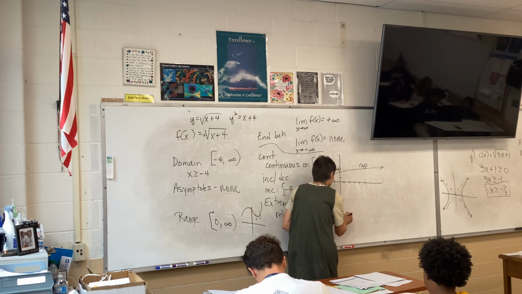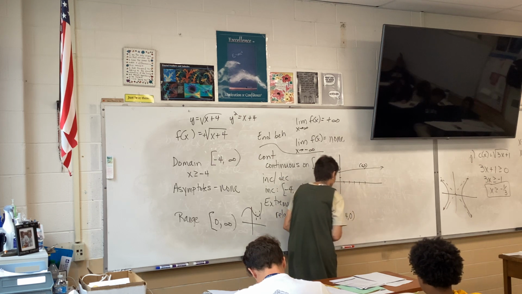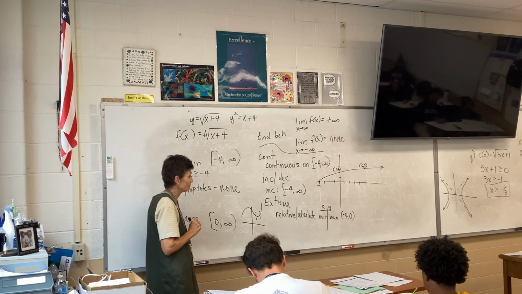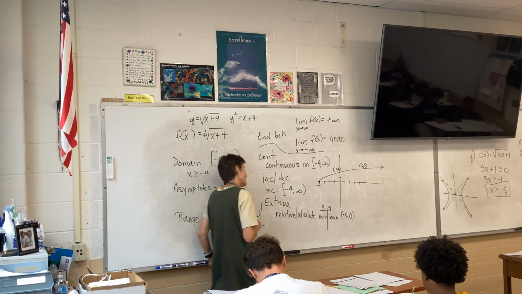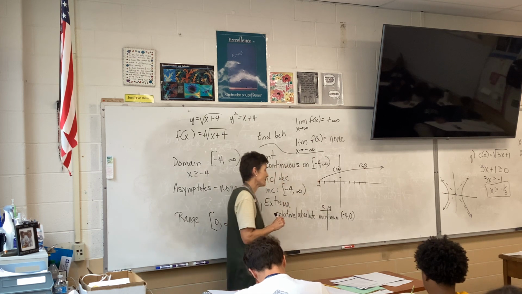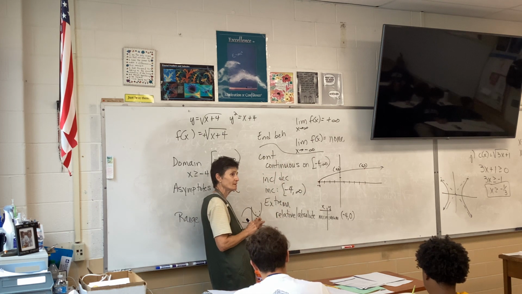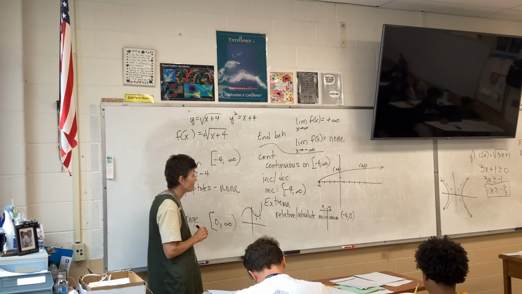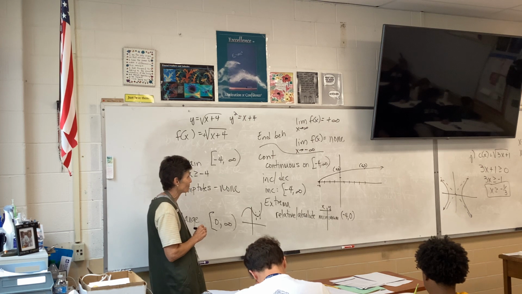At -4. And that's an ordered pair. That's a point right there, not an interval. This is not a minimum in the same sense that this would be, but it is the low point on the graph. So we can talk about it as being an absolute minimum and a relative minimum.